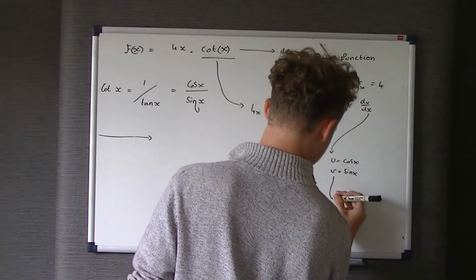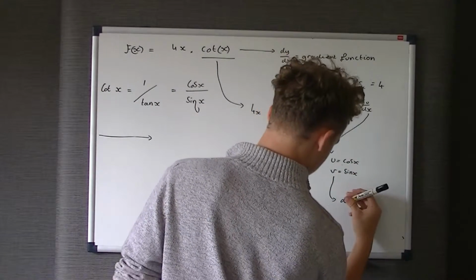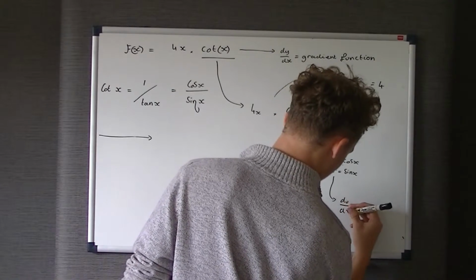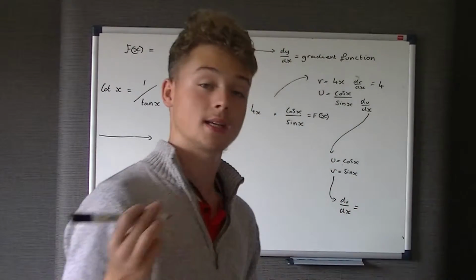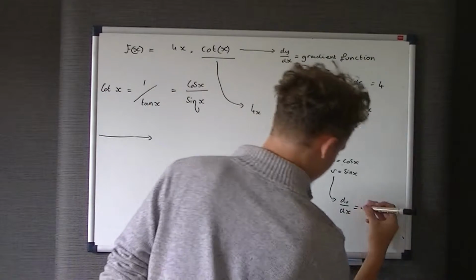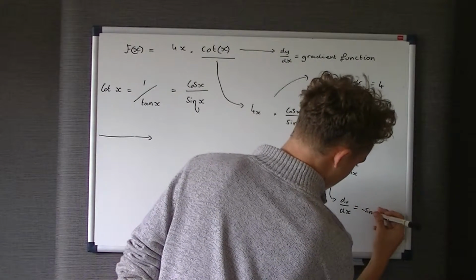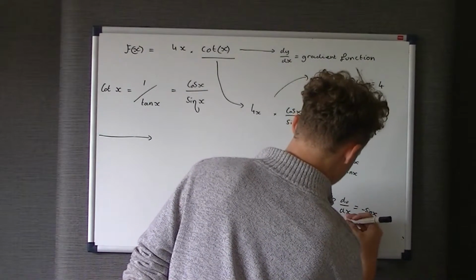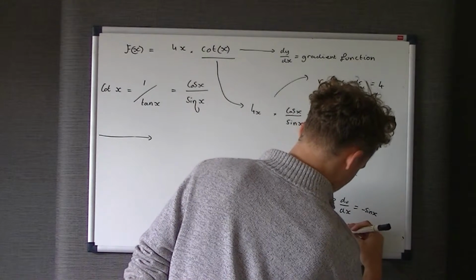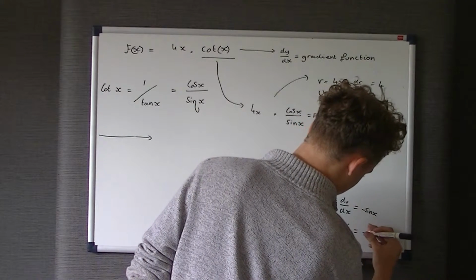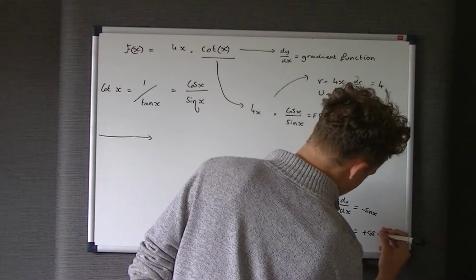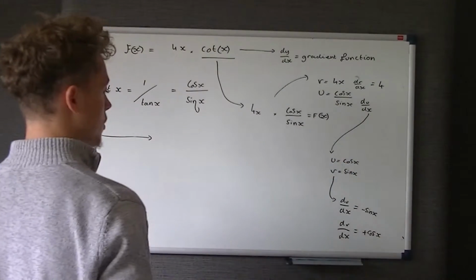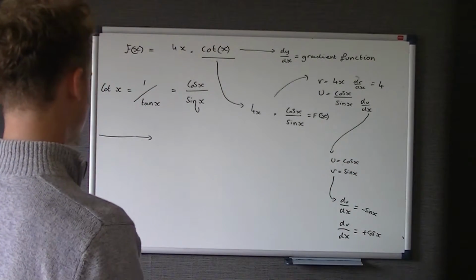And you should know from your basic trigonometric functions, du by dx for cos x is minus sin x, and dv by dx, the differential of sin x, is positive cos x. So that's what we've got there, okay?